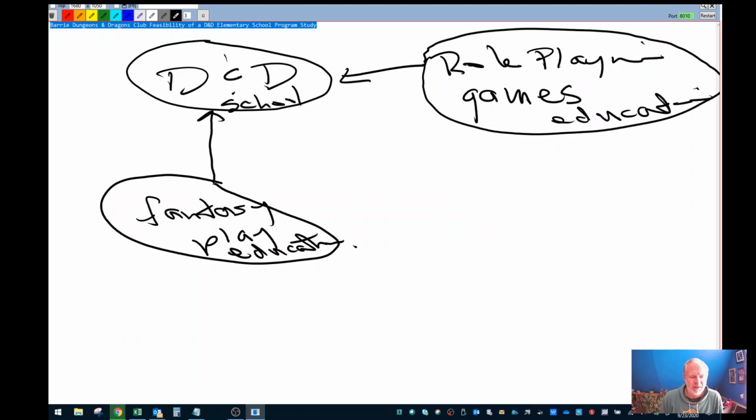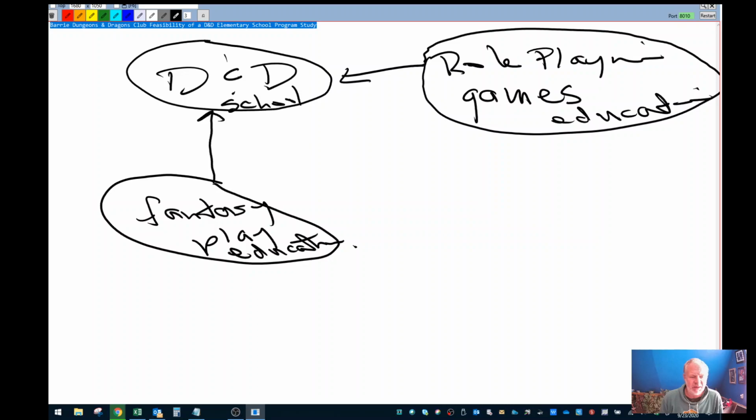This will explain why it's important, what the value of fantasy play in general, benefits. Same for here, role-playing games, value, and the benefits.